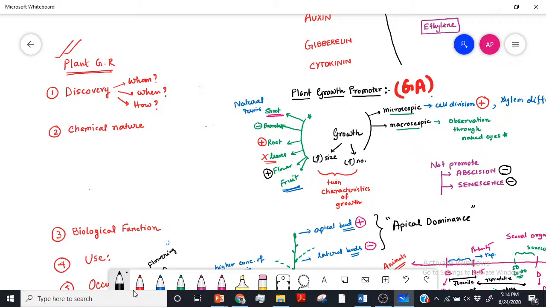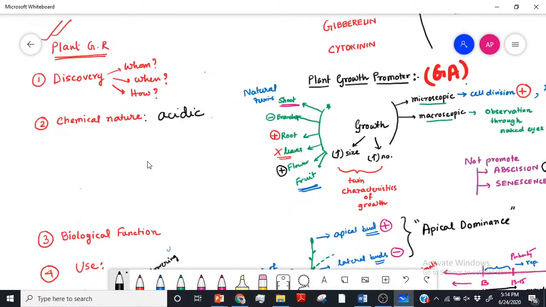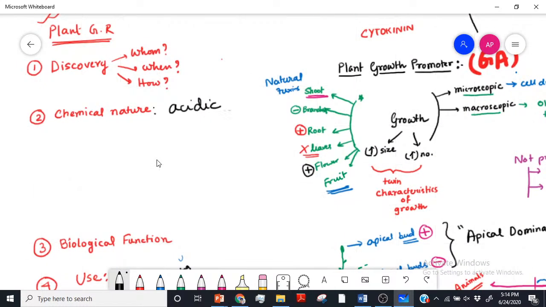Now coming to the chemical nature. Gibberellin is acidic in nature. It is termed as gibberellic acid.